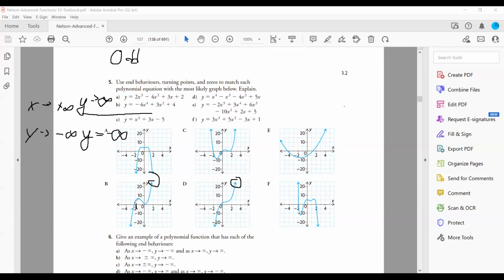See, here we have a turning point. Here we don't. Here we have one turning point. No, actually here we don't have any turning points. The graph is constantly growing. We have both these examples.